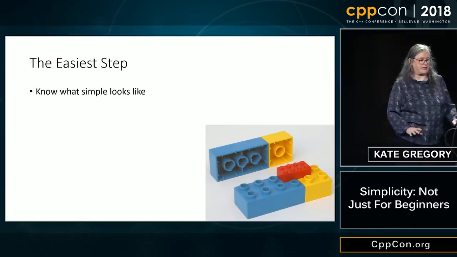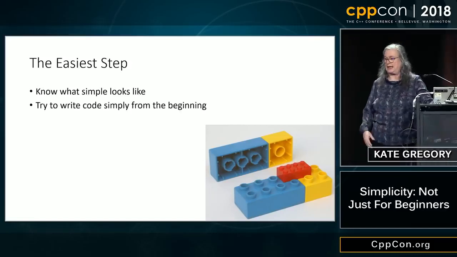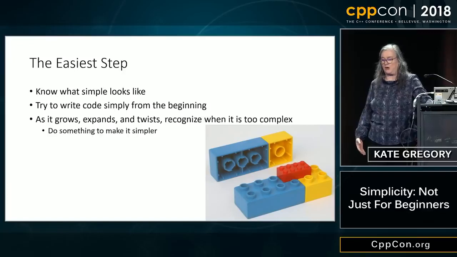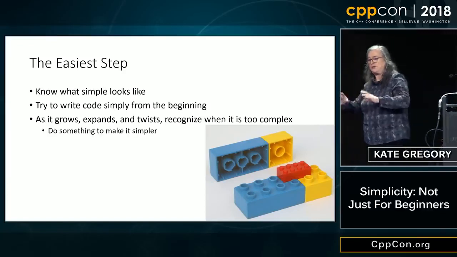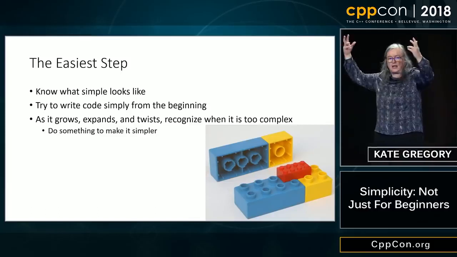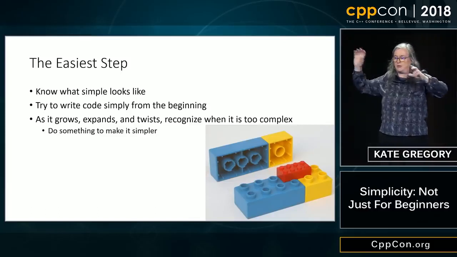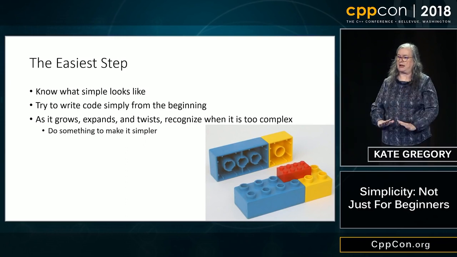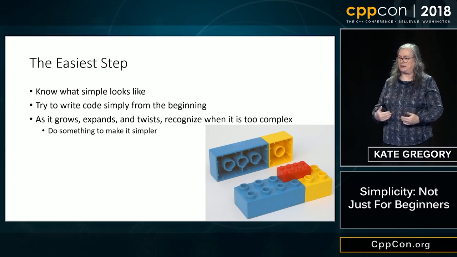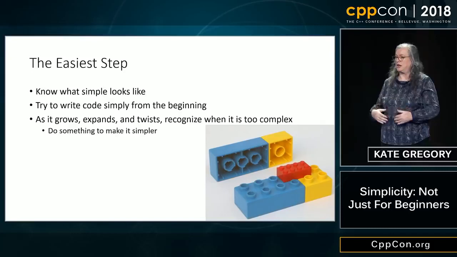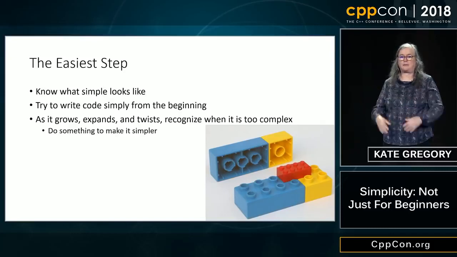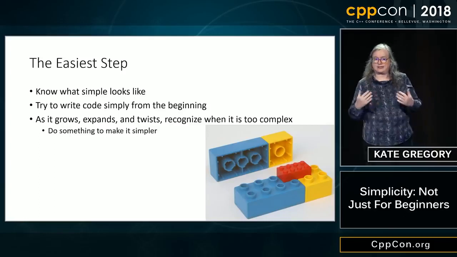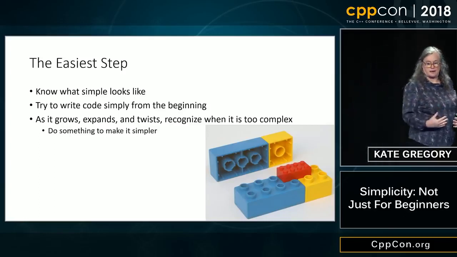And if you begin to know what simple code looks like, then you will move towards writing simple code from the get-go, but you will also notice when you have somehow accidentally created that trees and doors and people and whatnot wooden statue behind the glass, and think about, how can I make this simpler? How can I take a moment and shorten up our letter here, do some refactoring, do some renaming, do some encapsulating, and make it back into something that's expressive and transparent and fun.